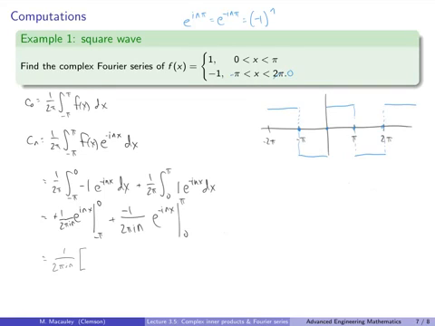And we plug in 0, we get 1. And we plug in pi, or negative pi, into here, we get negative 1 to the n. And now minus 1 over 2 pi i n. If you plug in pi into here, you get negative 1 to the n. If you plug in 0 into there, you get 1.